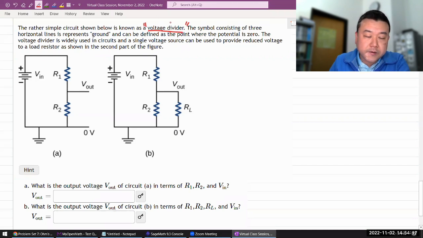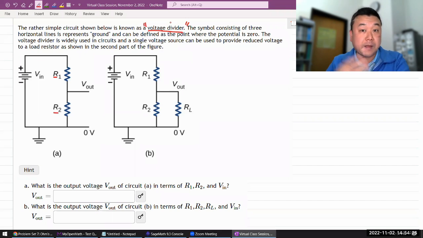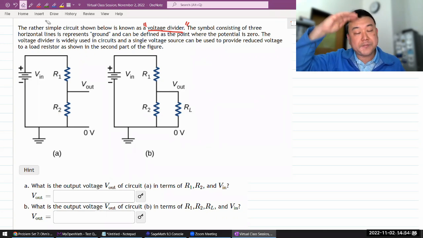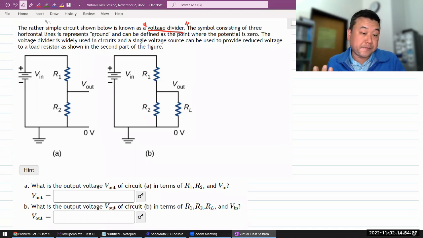It's a thematic theme that you will see, not just dealing with resistors, but dealing with resistors and capacitors, or resistors and inductors. When you're building passive filters, the starting place for design of things like low pass filter and high pass filter is the voltage divider. So I want you to talk a little bit about this and work out this question.